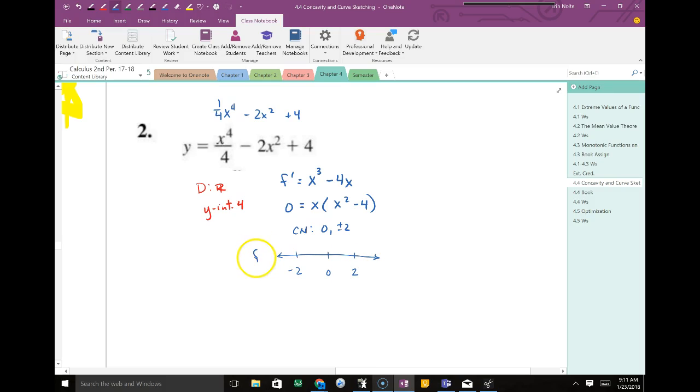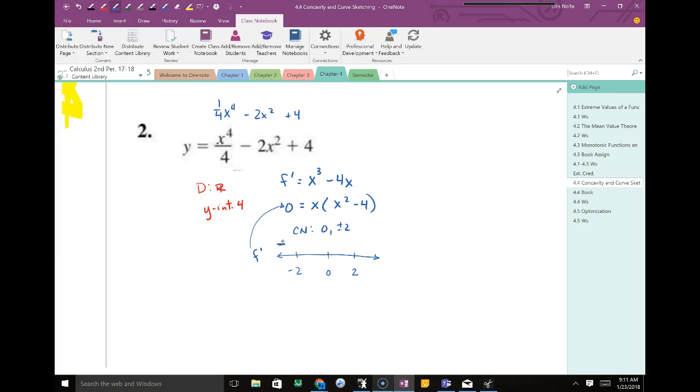Remember, I'm using my first derivative, so I'm going to use the factored version to help me with positive and negative. If I plug a value less than -2, such as -3, I would get a negative times a positive, which makes a negative. Then let's try -1.